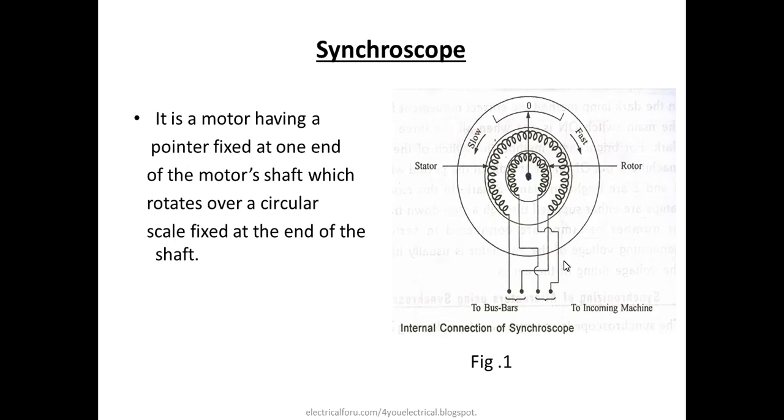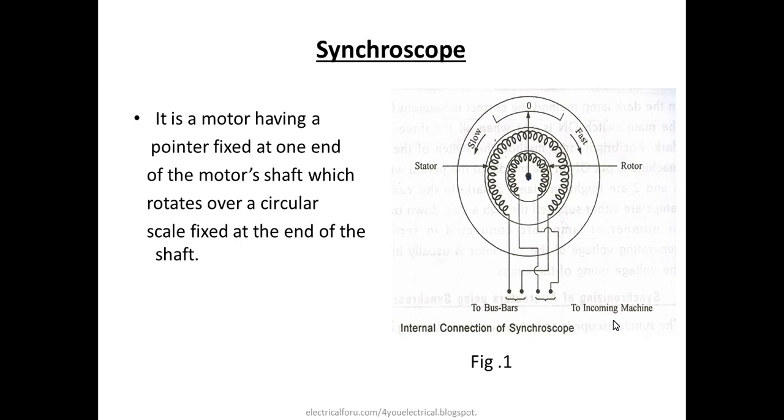So here is the Synchroscope. It is a motor having a pointer fixed at one end of the motor shaft, which rotates over a circular scale. It has a slow motion winding with rotor and stator, so the incoming bus bar connections and the incoming machine connections are connected to this.